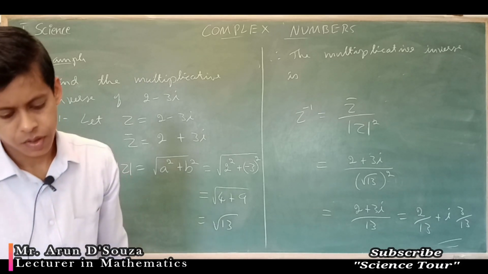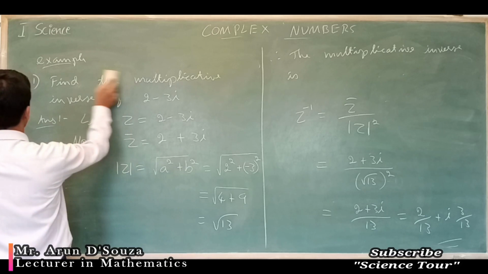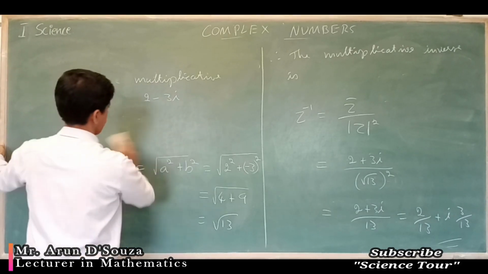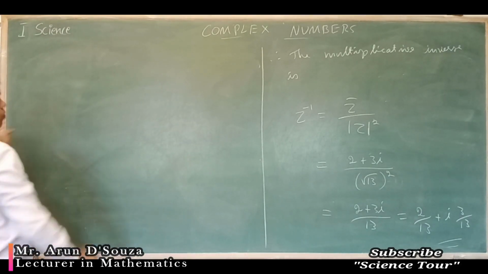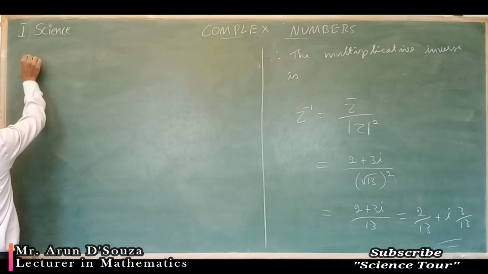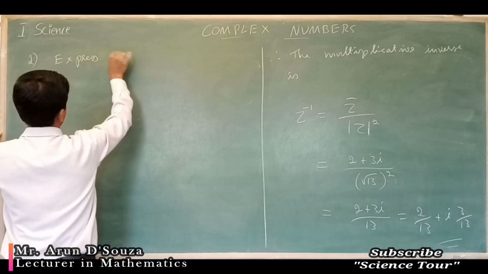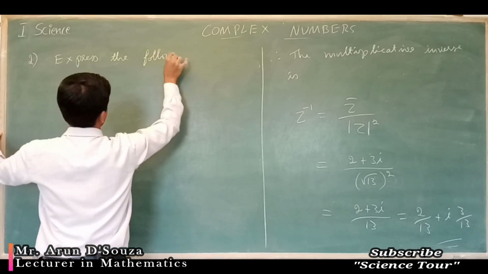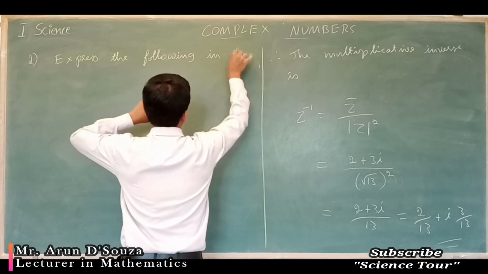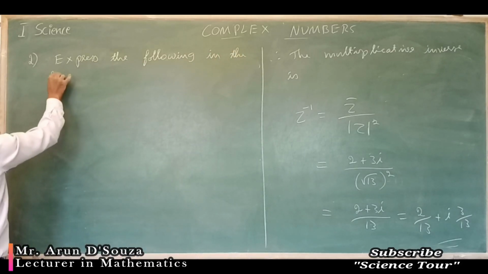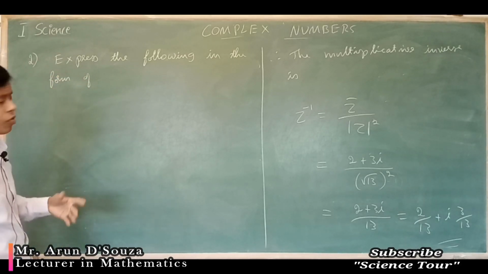Alright, so let's solve one more example. Alright, so the next example is: express the following in the form of a plus ib.